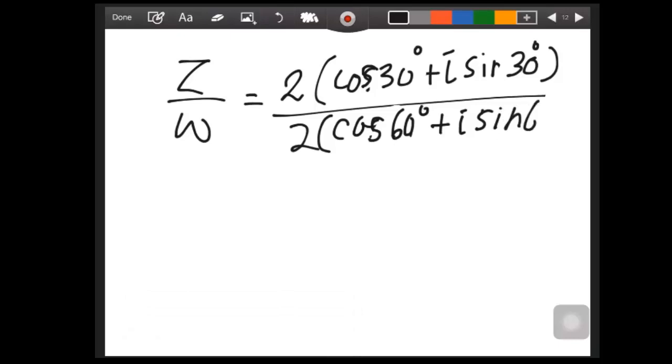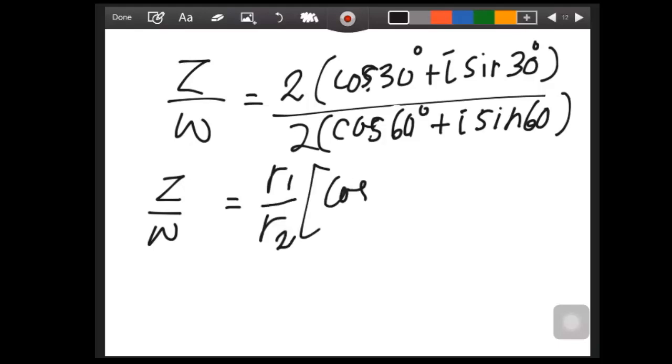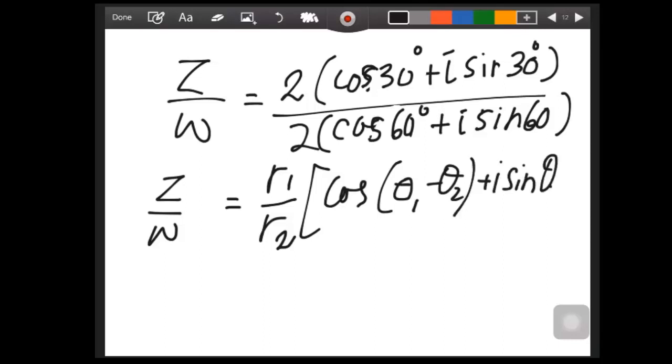Okay, so kalau kita ada Z over W, kita punya ni adalah sama juga dengan kita ada R1 bagi R2, dan kita ada cos theta 1 minus theta 2, dan kita ada tambah dengan i sin theta 1 minus theta 2.